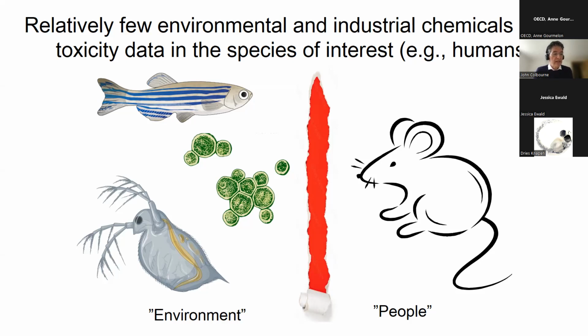This division has been manifested by a questionable reliance on mice and rats as human surrogates, by virtue of our shared mammalian biology, and also a reliance on a fish, a cladoceran zooplankton like Daphnia, and an algal species forming an aquatic food chain. These are used as sentinels for setting regulatory limits to protect, in this case, environmental health, or in the case of mammalians, to protect human health.